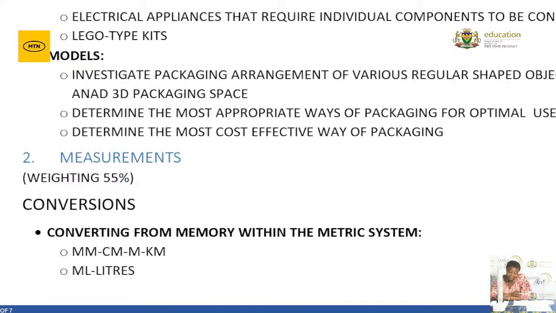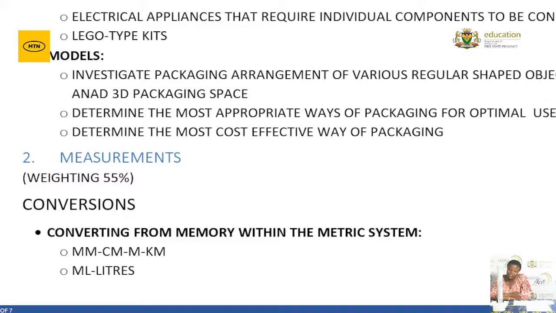And models. With the models, there are certain questions that are asked on the bakkies that are used. To cite an example, the bakkie used by office shops that are transporting paper to different schools. So that bakkie needs to know how many boxes can be filled in that bakkie.